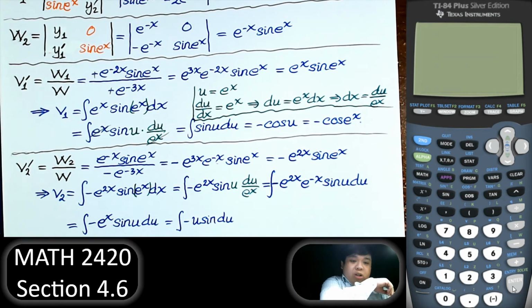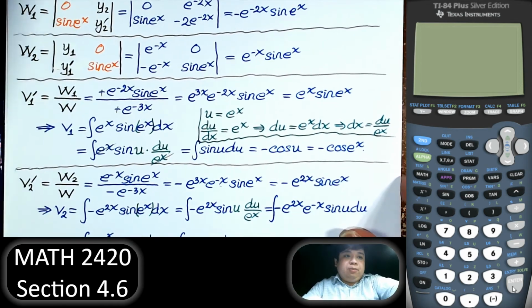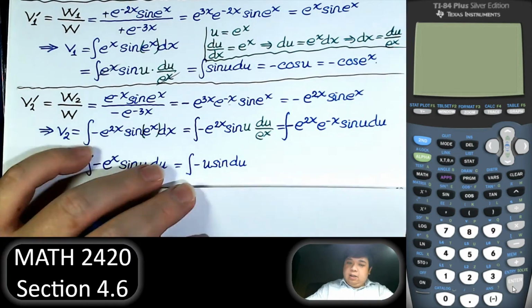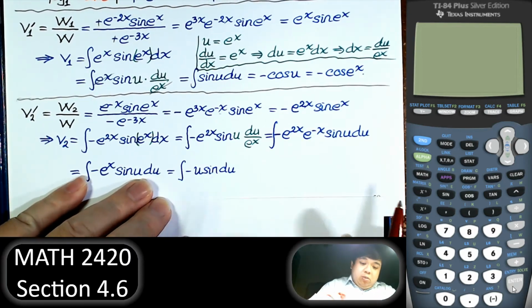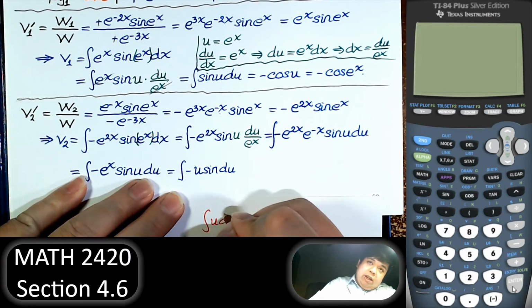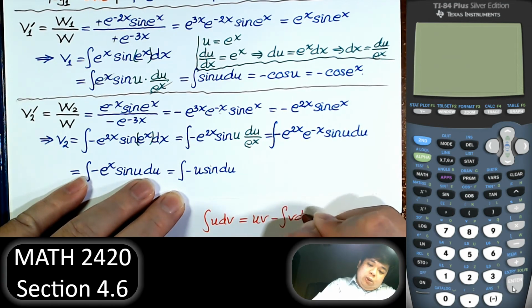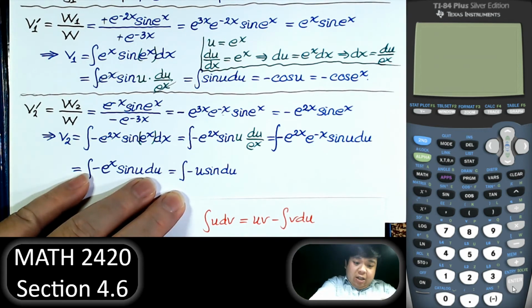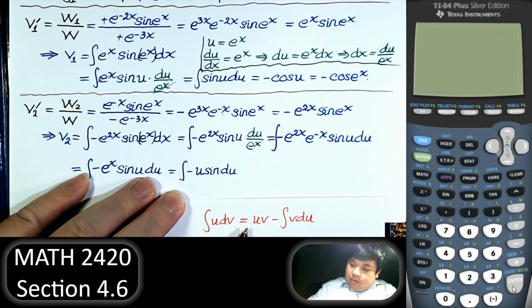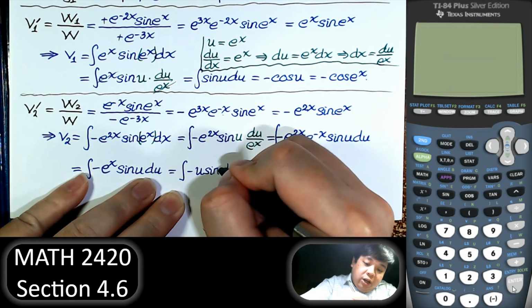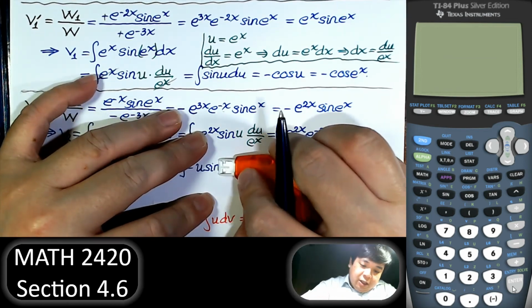Now, integration by parts. So what is integration by parts? Integration by parts is the integral of u dv is uv minus the integral of v du. The problem with that is we already have u in the problem.